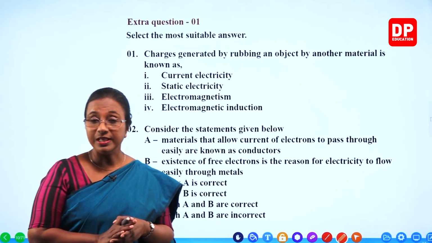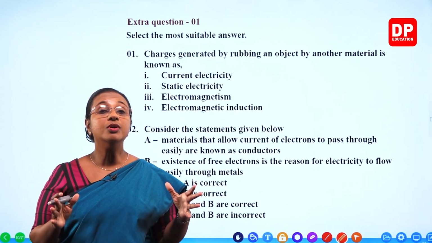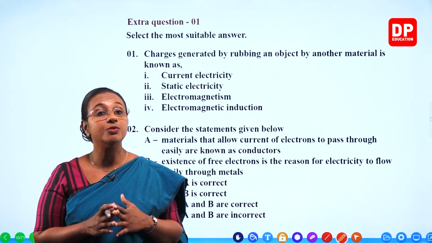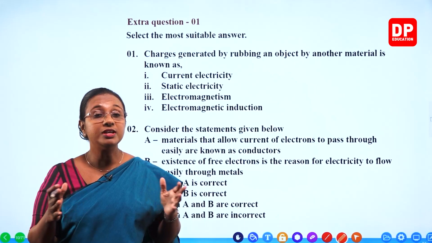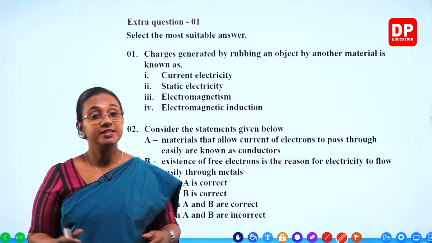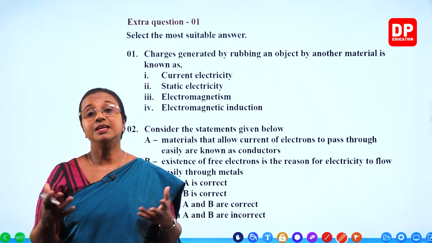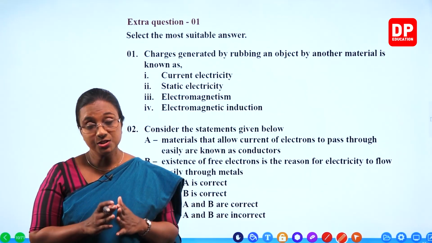So what do we do there? When you have an insulator material, you all know insulators usually don't allow current to pass through them easily. So they don't conduct electricity. Those are insulators. For example, wood, plastic, ebonite, glass, all those are insulators.